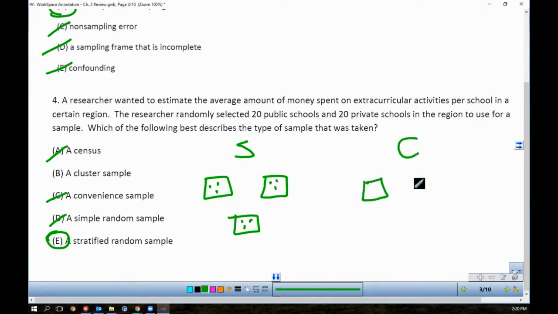Cluster means you have 3 different groups, you randomly pick one group, and then everyone in that group answers. That's the difference between stratified and cluster. If you were stuck between those 2, that's why it's stratified.